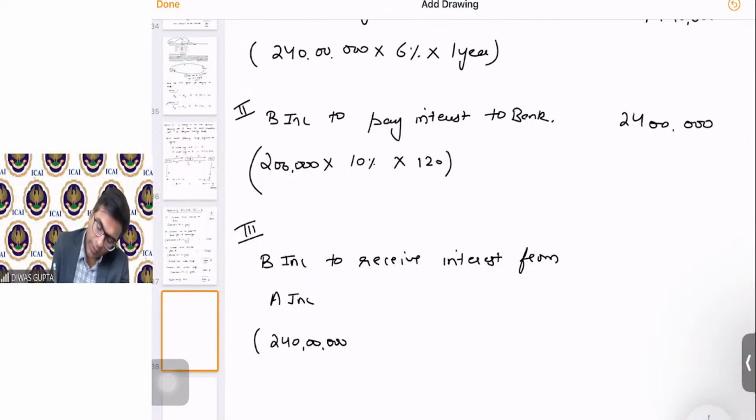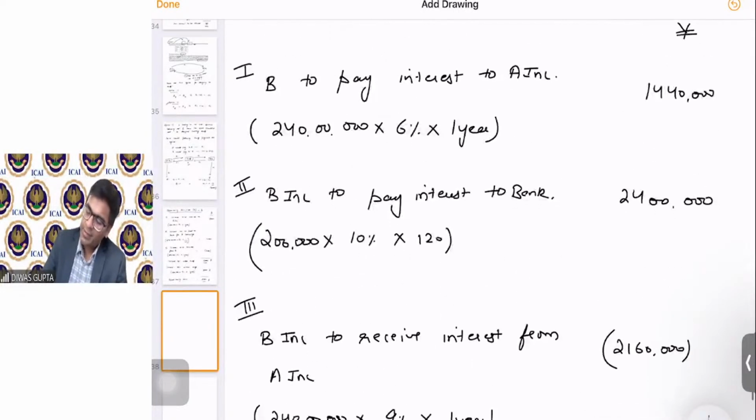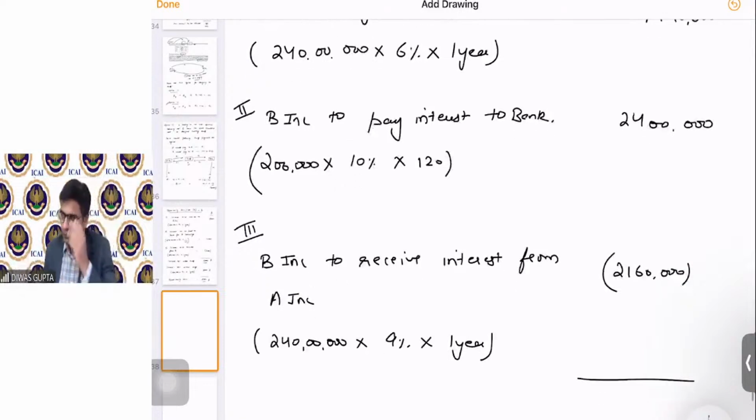So 2 crore 40 lakhs into 9% for 1 year. So this becomes 21 lakh 60,000. So this net becomes 16 lakh 80,000, students.